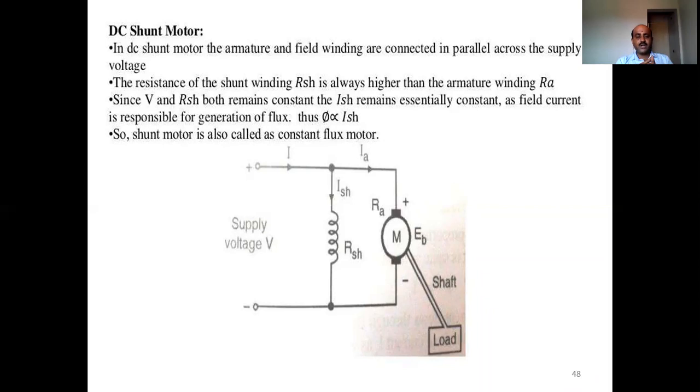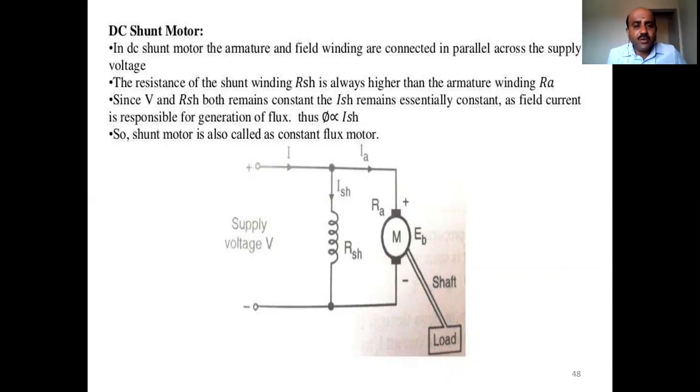In a shunt motor, both the armature and the field windings are connected in parallel across the supply voltage.